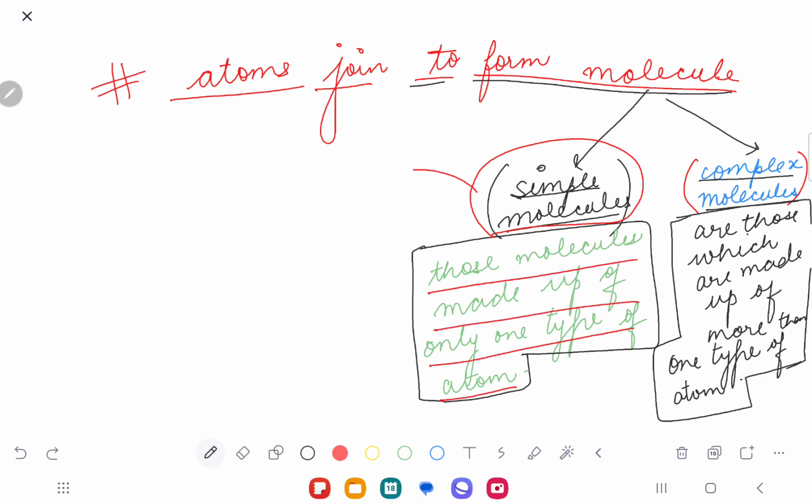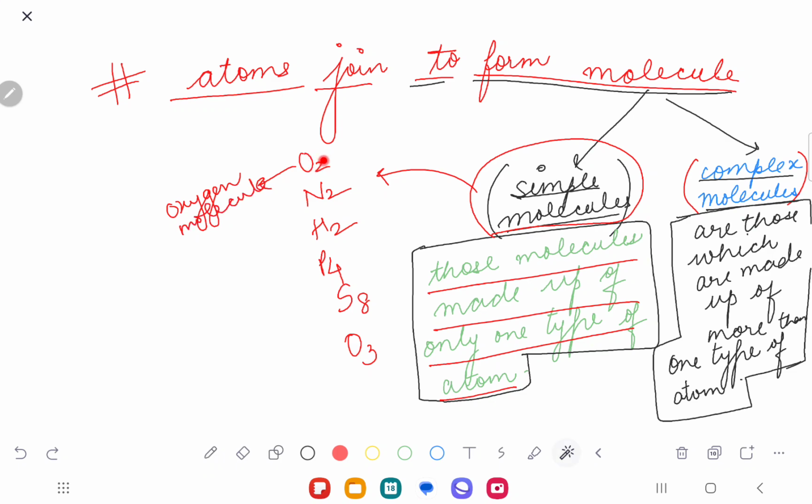For example, if I say O2, N2, H2, P4, S8, O3. O2 is an oxygen molecule. Why?